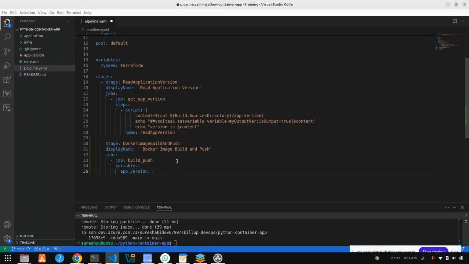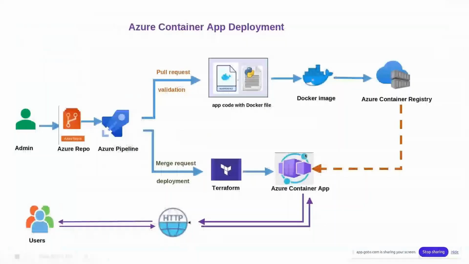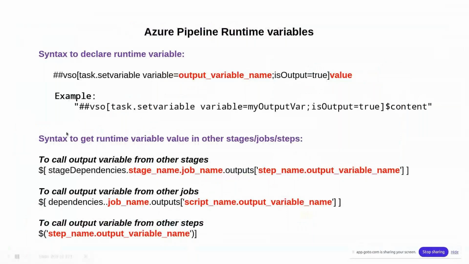Now how do we call the value which is in another stage? That is what you can see, a syntax to get a runtime variable value in other stages or other jobs or other steps. If you want to call the variable from another stage, you have to use stage dependencies, then stage name, job name and output, then the step name and then the output variable name.